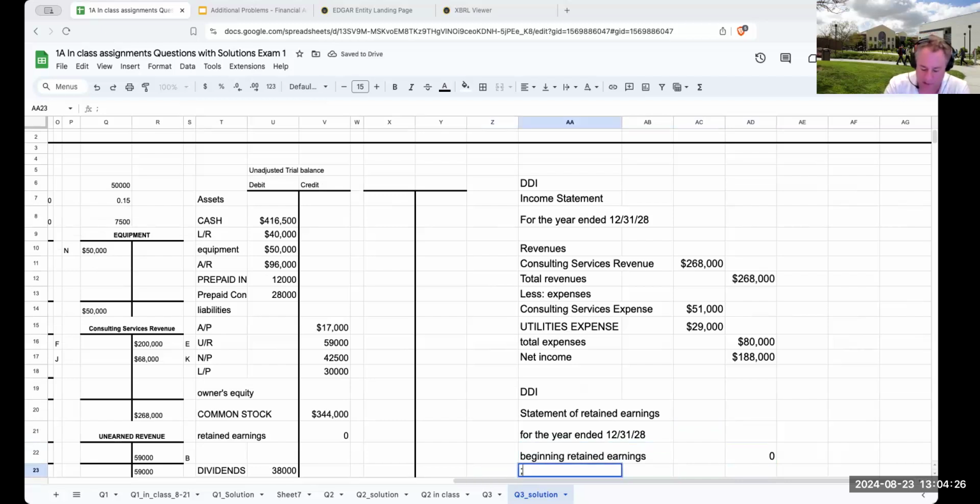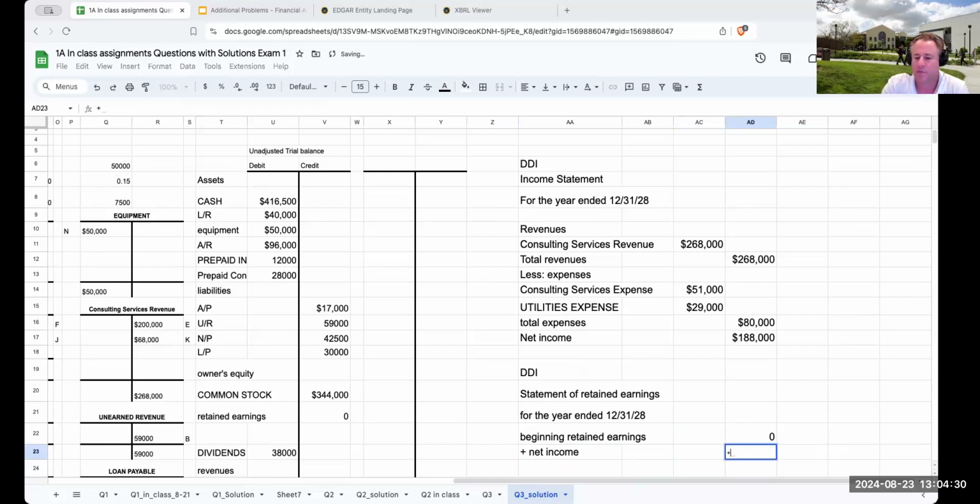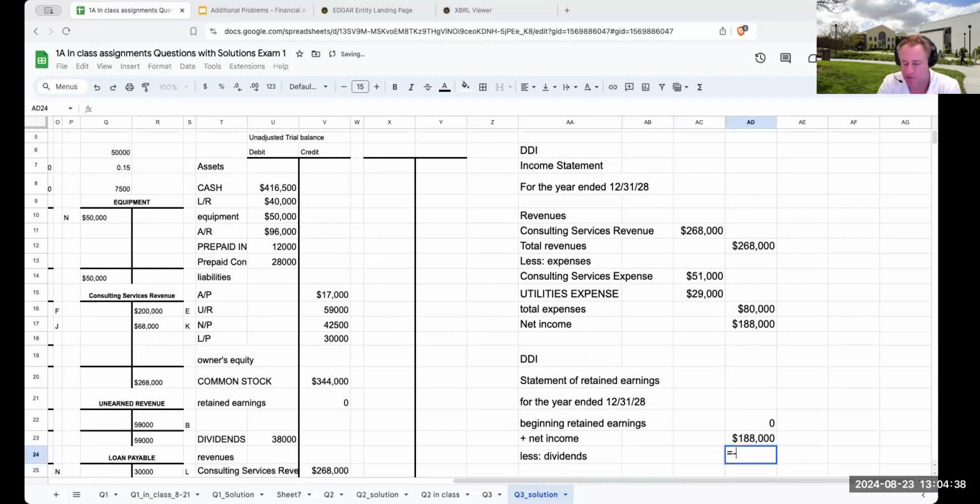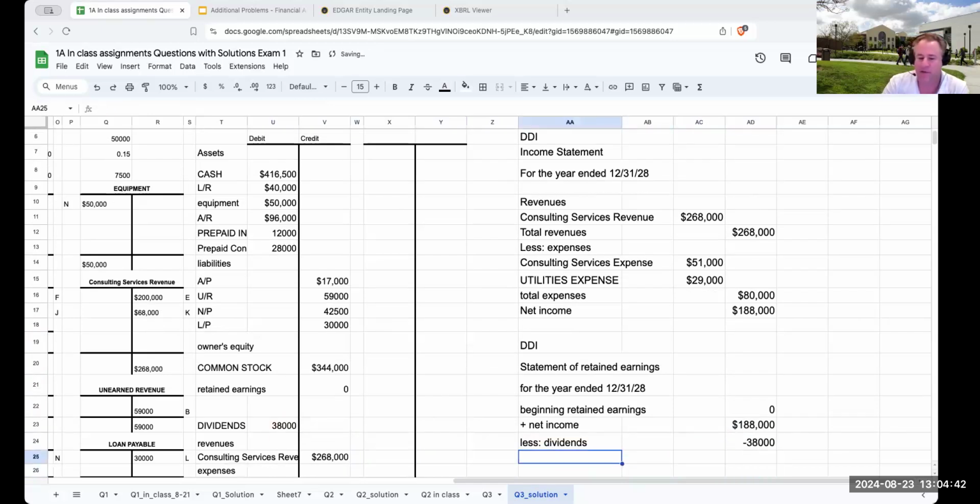I'm then going to go over here and add in my net income. My net income is 188, less my dividends. My dividends over here are going to be 38,000.